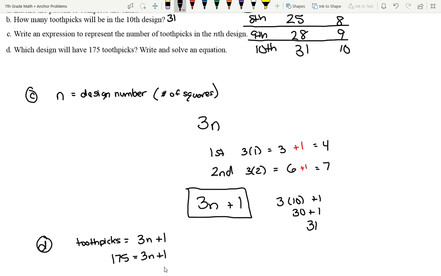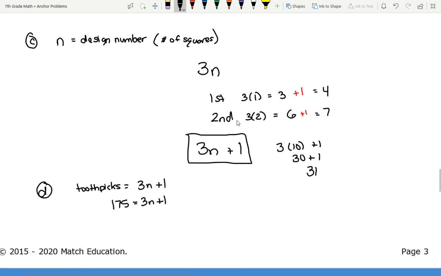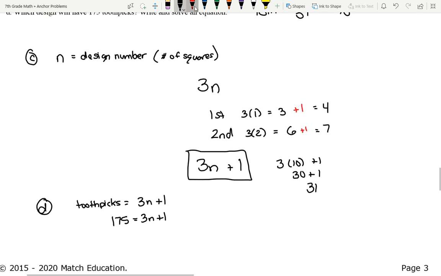And so for our last two-step equation here of this lesson, let's subtract 1 from both sides to get that n alone. We're left with 174 equals 3n. And the opposite of multiplication is division, so just divide by 3 on both sides here.